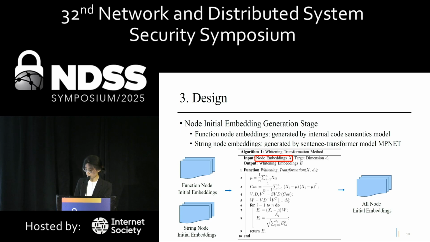In the node initial embedding generation stage, we encode 2 types of node, function node and string node. Function node embeddings are generated by the existing internal code semantics methods. After generating these, we use whitening transformation to reduce the dimension of node embeddings.